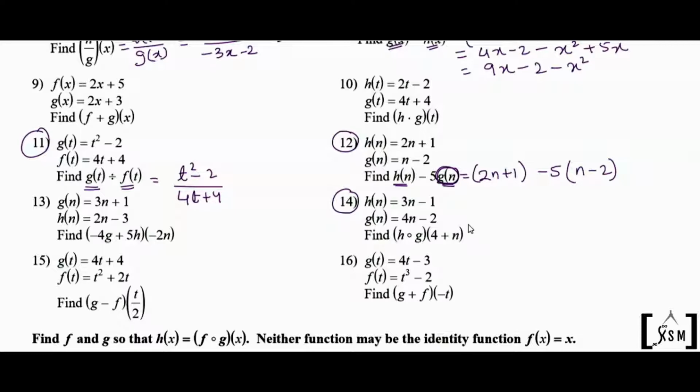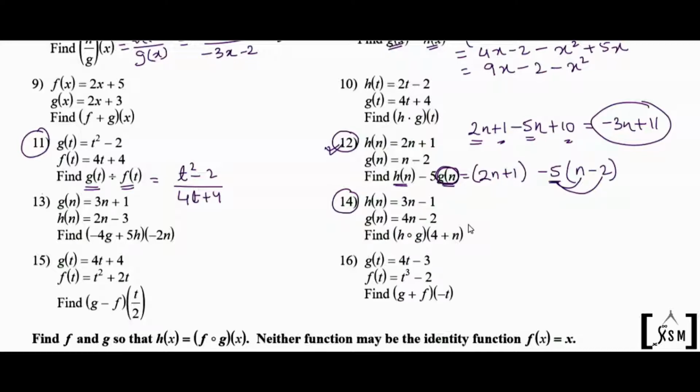We break the bracket, we get 2n plus 1, and then minus 5 will multiply with n and minus 5 will multiply with minus 2, so we get minus 5n and plus 10, right? Simplifying more, 2n minus 5n gives negative 3n, and plus 1 and plus 10 gives plus 11. So that's my answer guys, negative 3n plus 11. That's my answer for number 12.